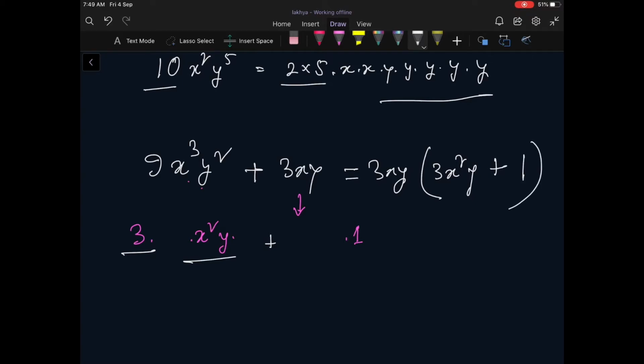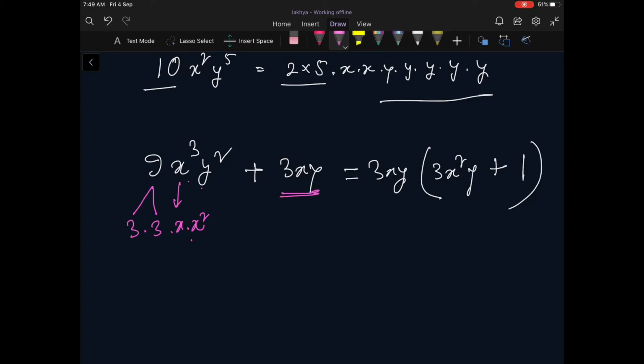So it's very simple. Let me explain again. What we have done here, you can see this 9 can be written as 3 into 3 and x cube can be written as x into x square. What is the reason behind it?